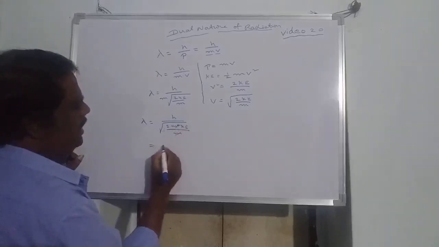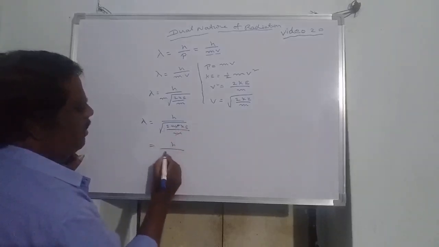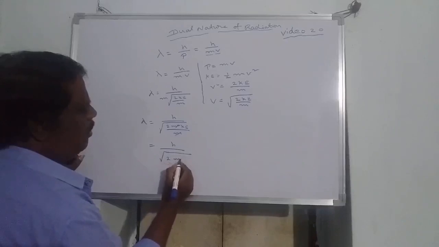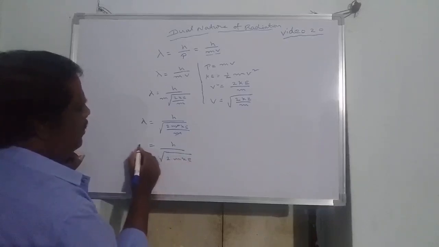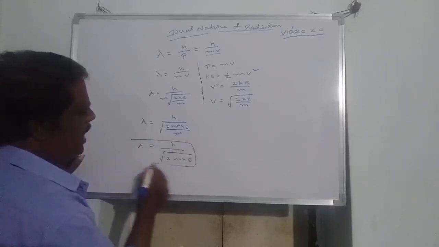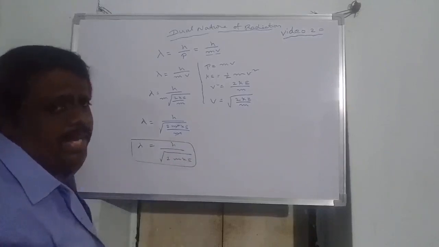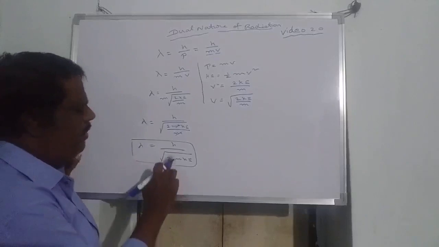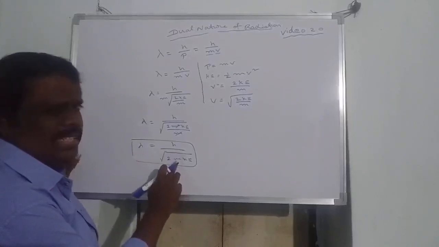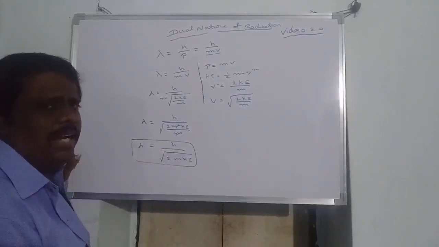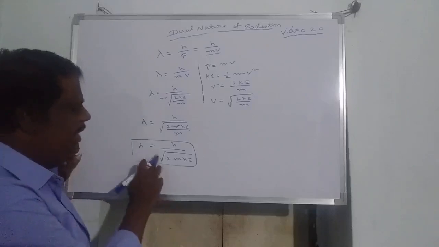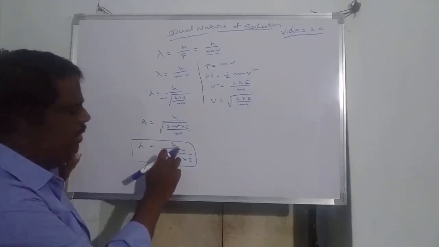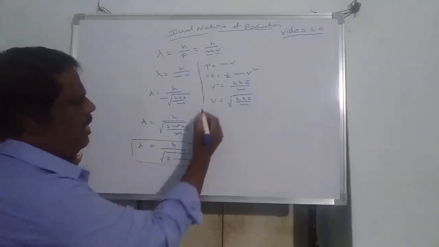We cancel this, then it becomes root of 2m KE. So lambda is equal to h by root of 2m KE. This formula will be used when mass and kinetic energy of the particle are given. How do you calculate the wavelength in this situation? By using the formula h by root of 2m KE.